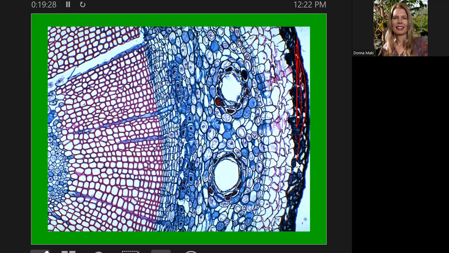Yeah, in my notes, they claim this is a ginkgo stem. This is taken from the textbook I was using. And ginkgos, believe it or not, I don't know if you have seen ginkgo leaves, they're really quite beautiful, the fan-like leaves, but they're gymnosperms. They're not angiosperms. And so gymnosperms don't have vessels.